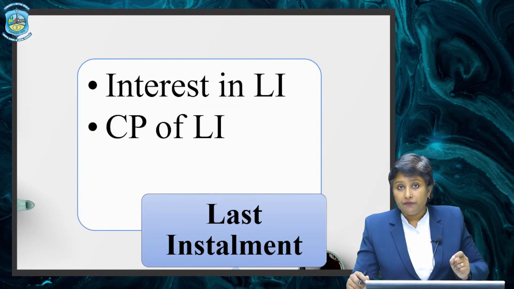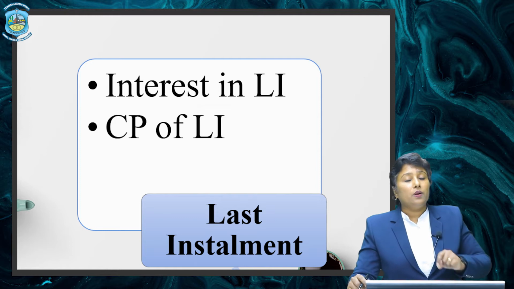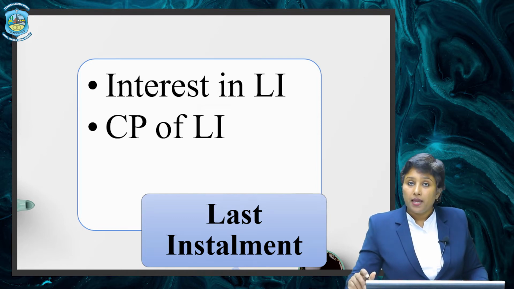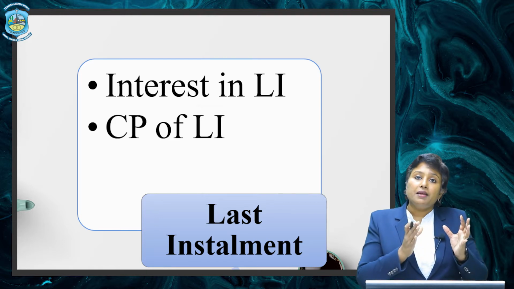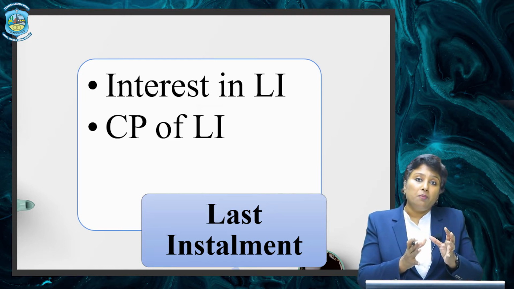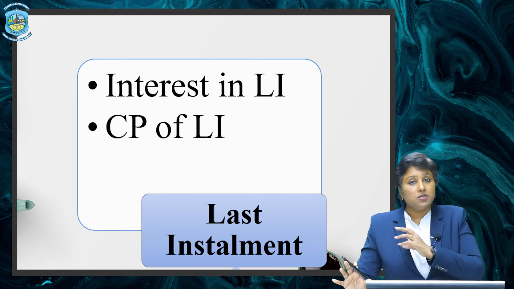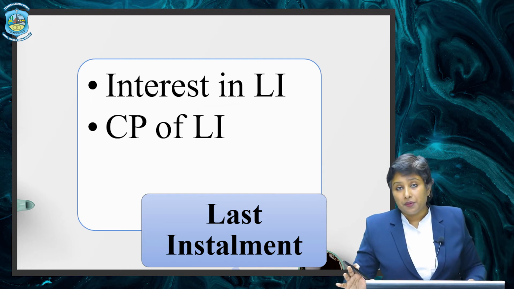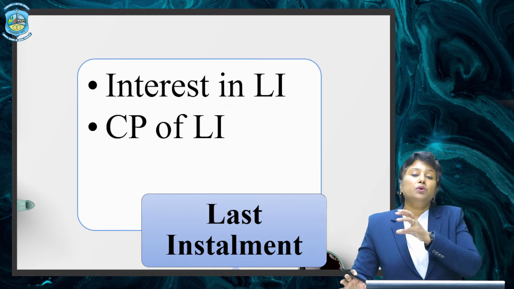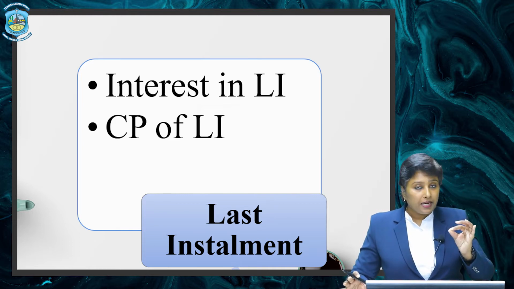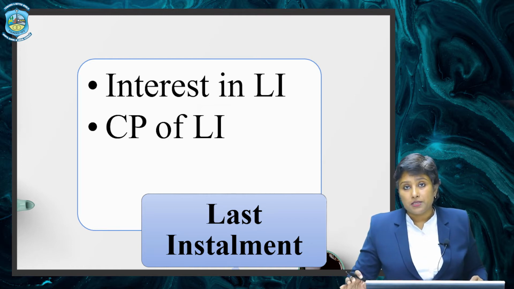How it will be calculated, we will discuss just now, and then calculate the cash price included in the last installment. Okay, why? Because you are given the amount of installments, that is the breakup of hire purchase price in different installments is given to you in the question, and from that only you are going to derive the amount of interest and cash price included in each installment.